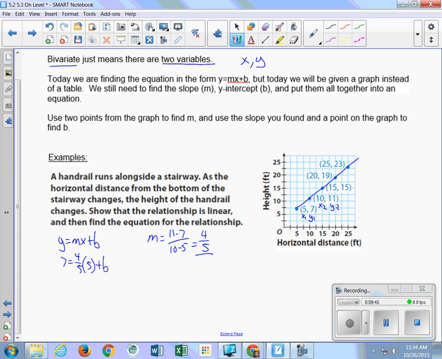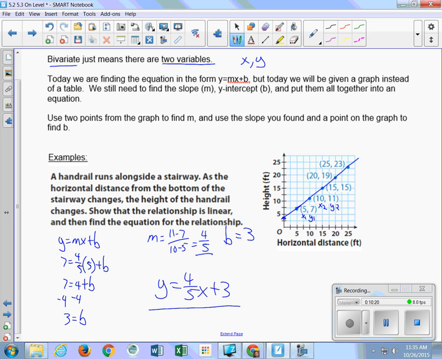So the first thing I'm going to do is the multiplication here. 4 times 5 is 20. 20 divided by 5 is 4, plus b. Then we subtract 4 from both sides, so 3 equals b. So the line would cross at 3. So our y-intercept equals 3. Our equation is y equals 4/5 x plus 3.